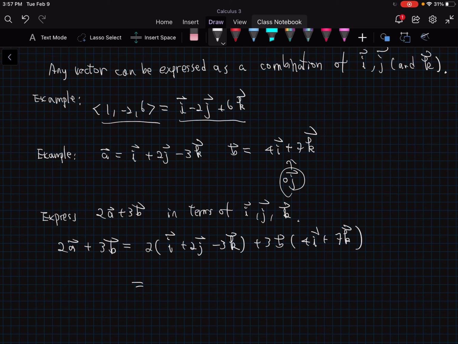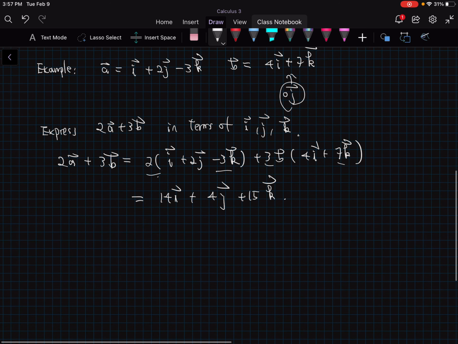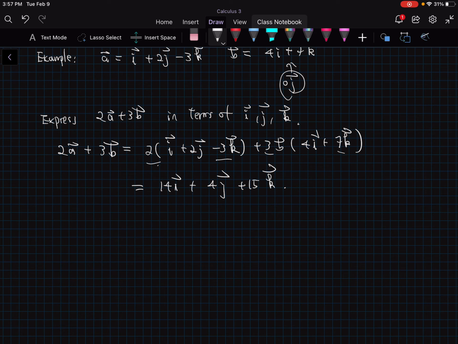So collect the like terms. It's 2 plus 12, which is 14I, plus 6J, but no J in b so just 4J. Then negative 6 plus 3 times 7, 21, that would be 21 minus 6, plus 15K. That's the vector operation according to the standard basis.